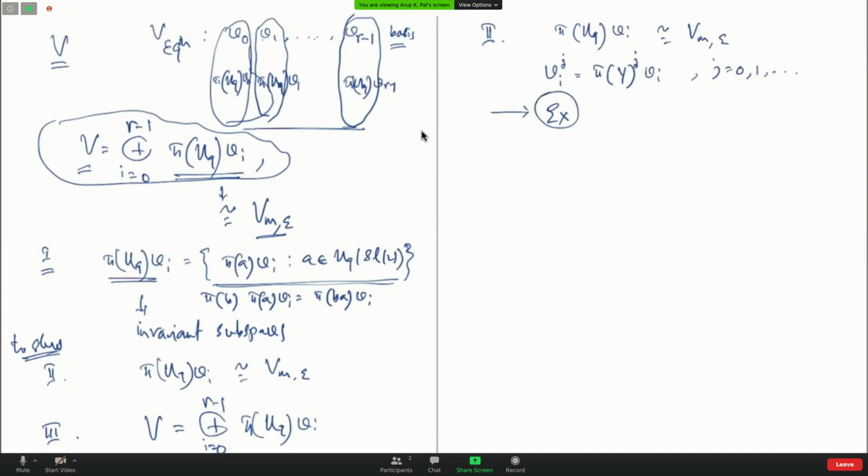So essentially what you want to show now is that Vij, where i is varying from 0 to r minus 1 and j is varying from 0 to m. This is what you want to show.